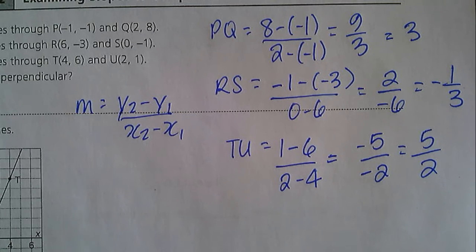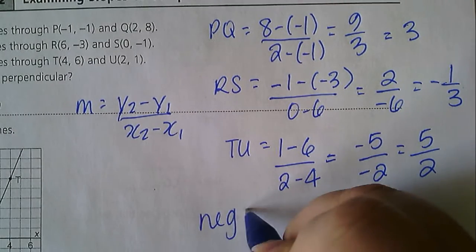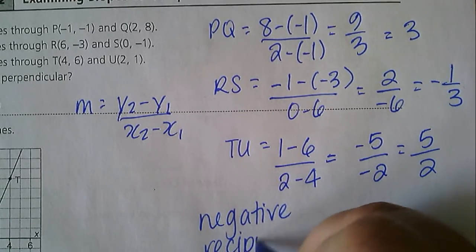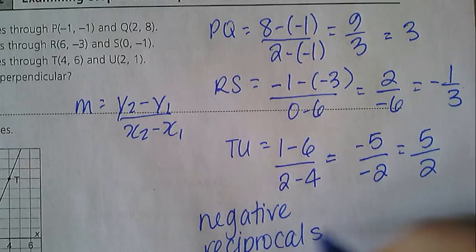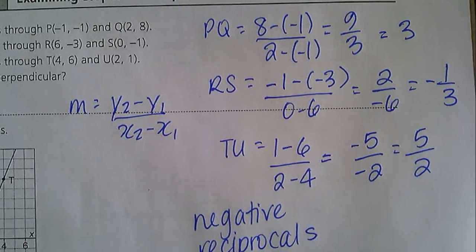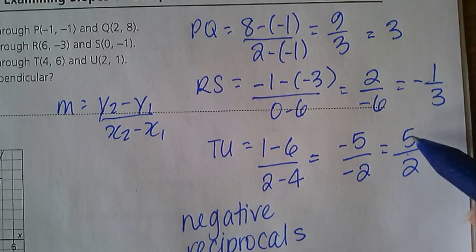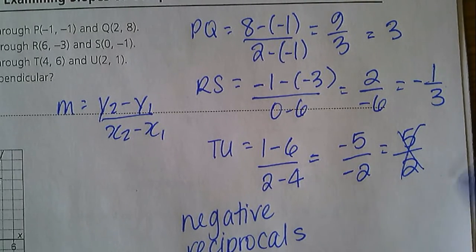Positive. So if we take a look at each of these lines, we're looking for, remember, negative reciprocals. Which of these numbers are negative reciprocals? Well, this one doesn't look the same as the other one, so I know for sure that one is not our correct answer.